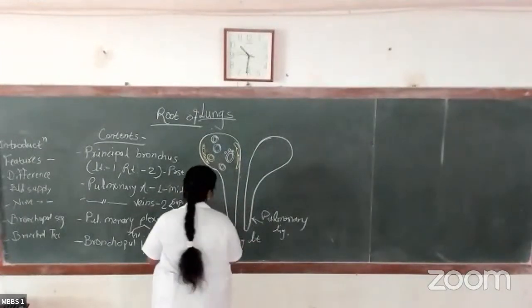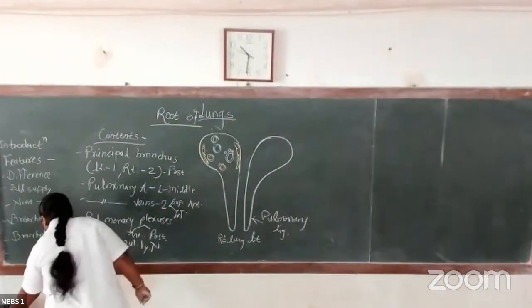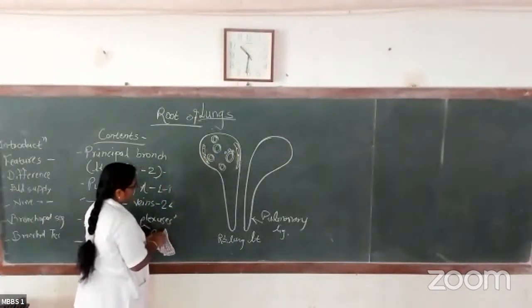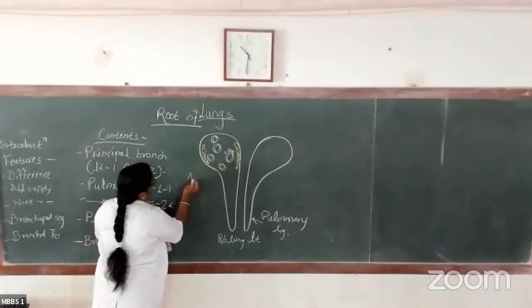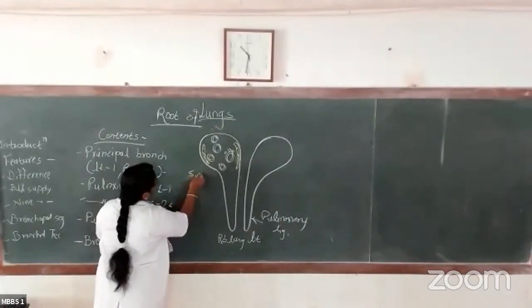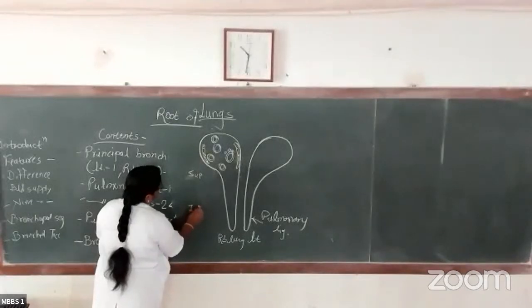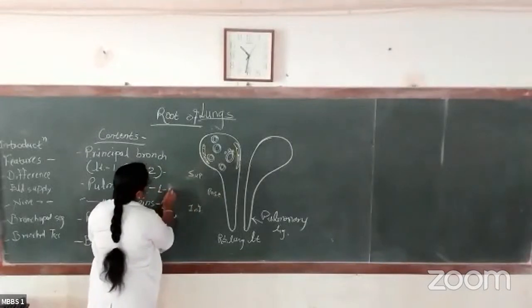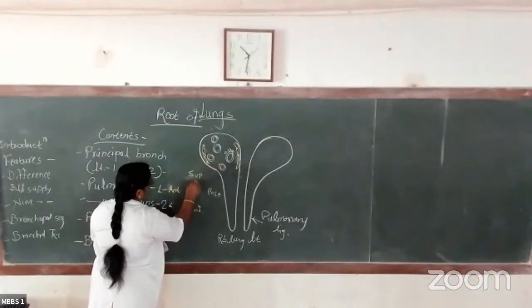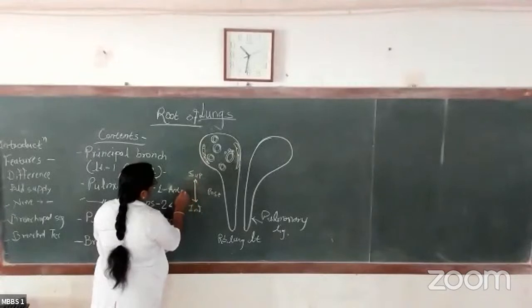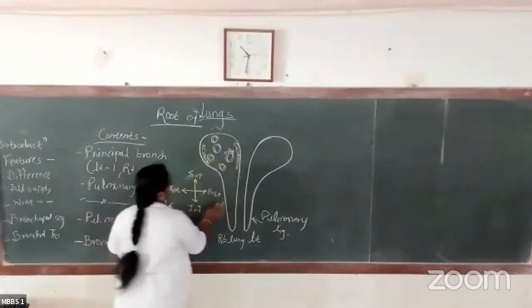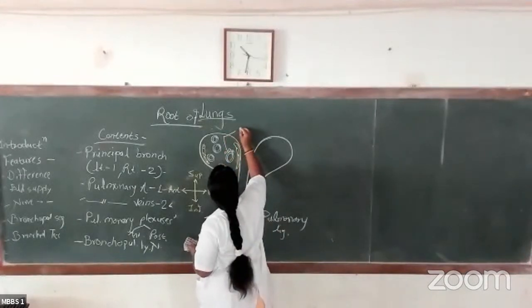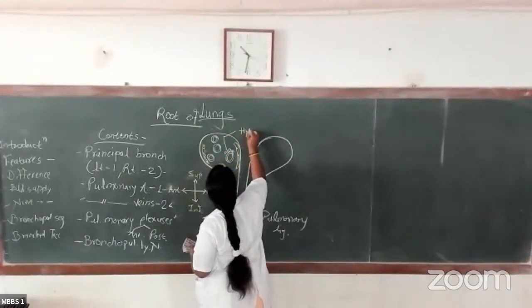So this is superior, inferior, posterior, and here is the anterior. So this is the hyparterial bronchus.